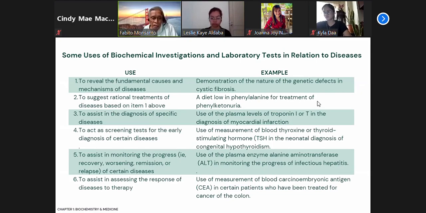To assist in assessing the response of disease to therapy, use of measurement of blood carcinoembryonic antigen or CEA in certain patients who have been treated for cancer of the colon. Okay, so use and example.